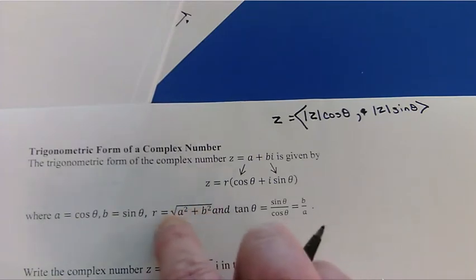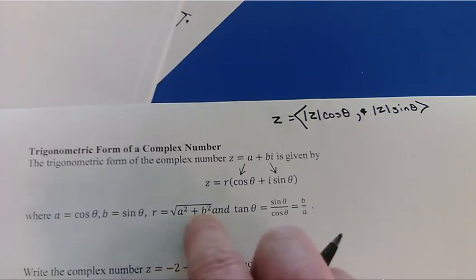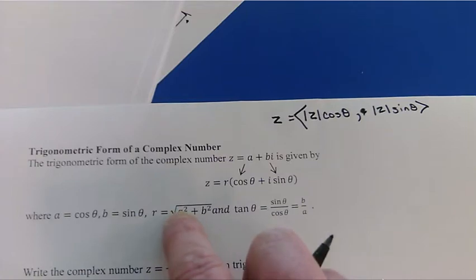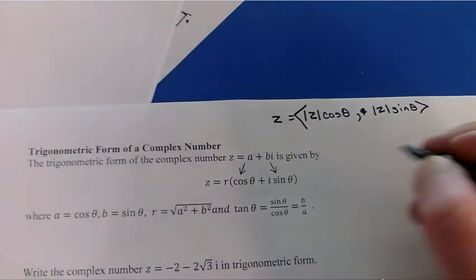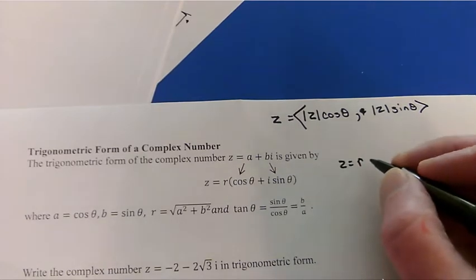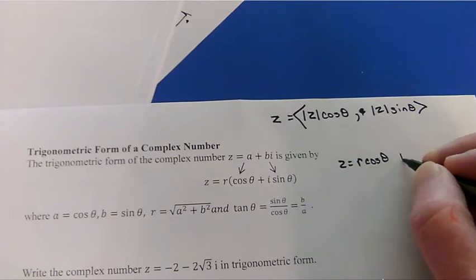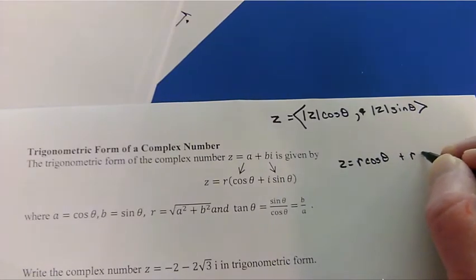R is written as that magnitude, the square root of a squared plus b squared. So really what we're talking about is taking r, that's my absolute value, my magnitude, plus r.